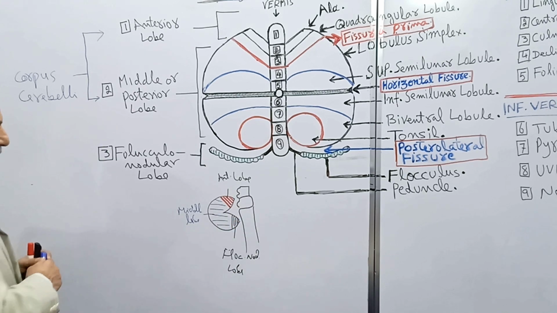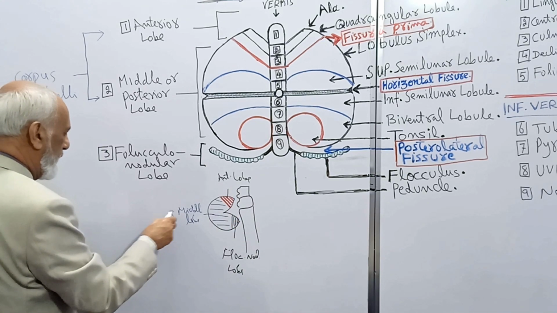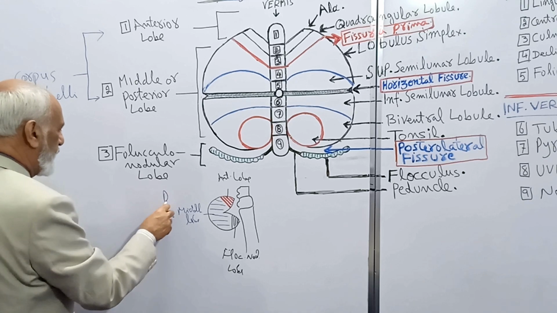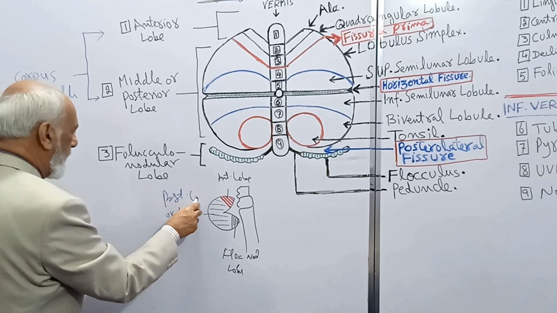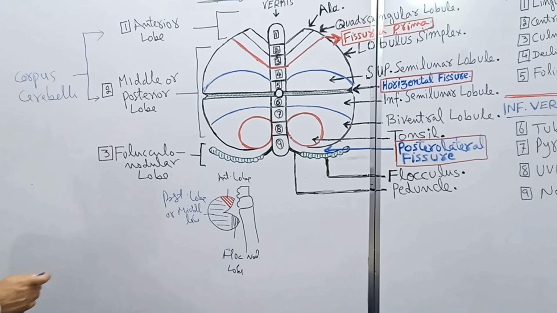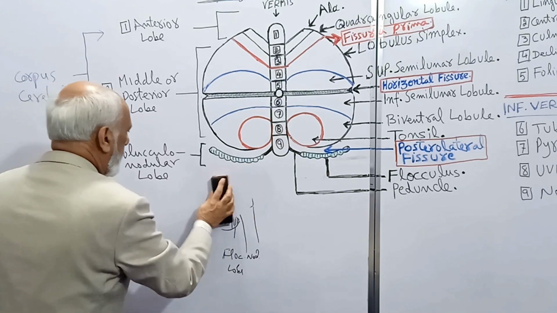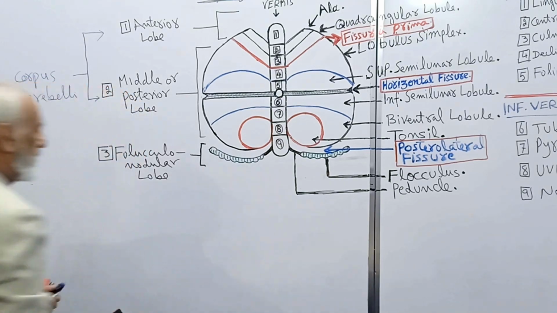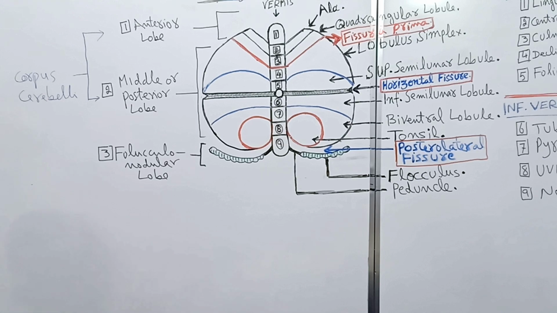So this is why the middle lobe is also known as the posterior lobe. This is how we divide the cerebellum into these three major lobes, morphological or gross anatomical lobes.